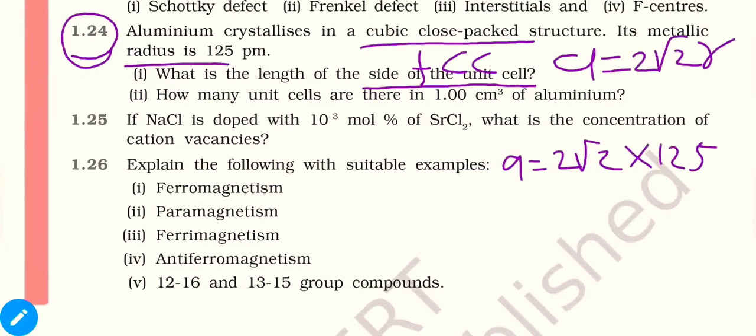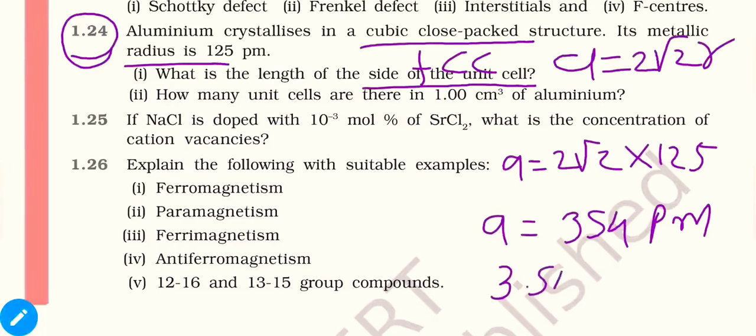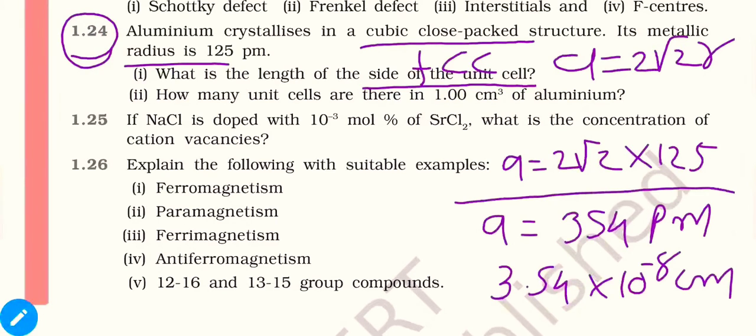So it will be 354 pm or 3.54 into 10 raised to minus 8 centimeters. This will be the answer of the first question, the side of the unit cell.